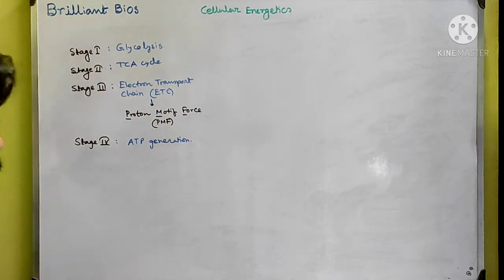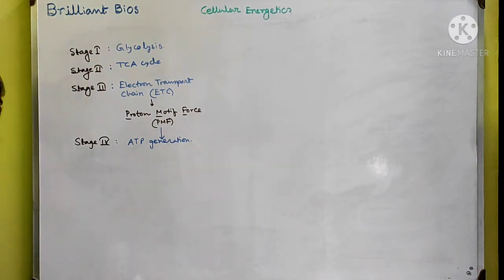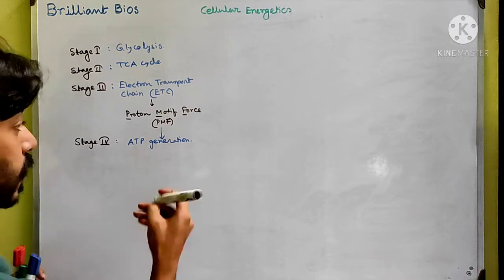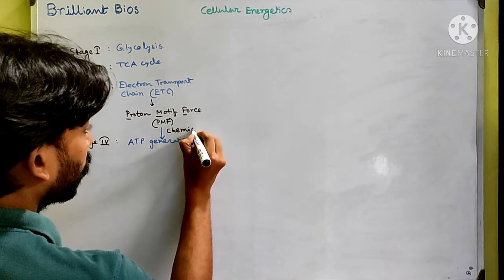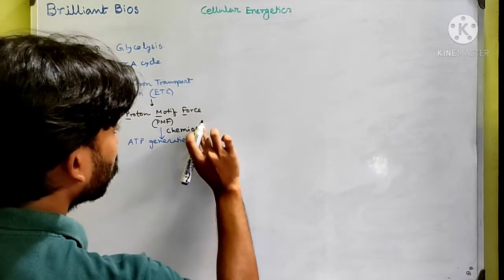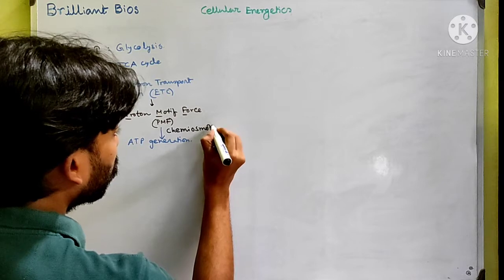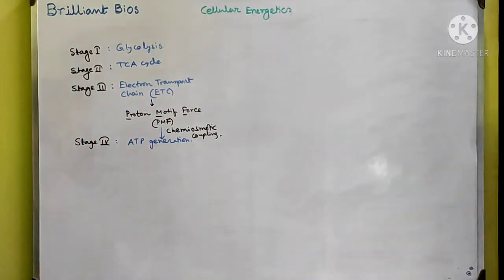Now the important point is that the proton motive force actually helps in the generation of ATP, and this process is called chemiosmosis or chemiosmotic coupling. So I can write chemiosmotic coupling. This is a very important process.